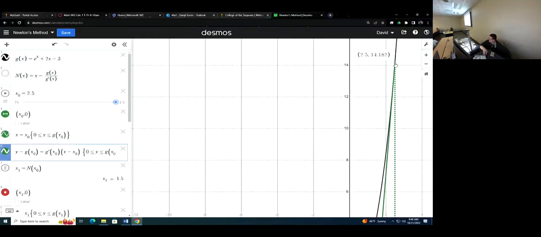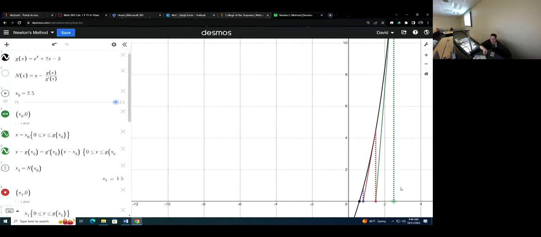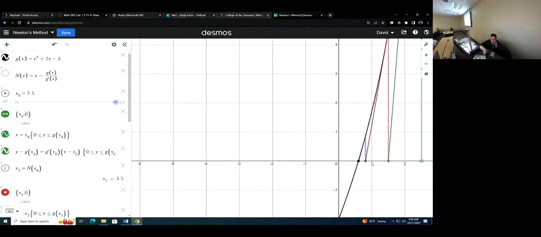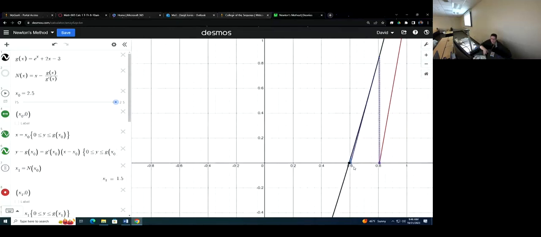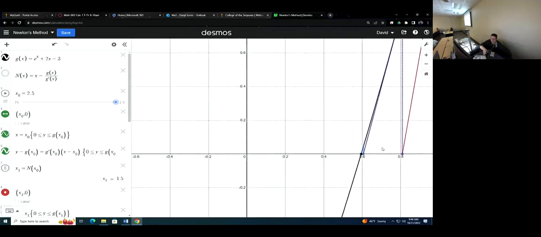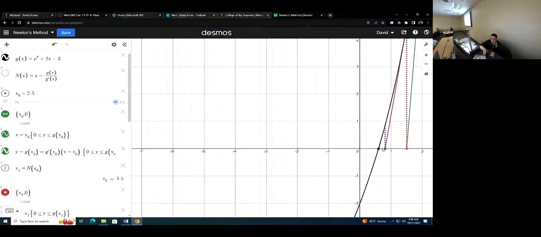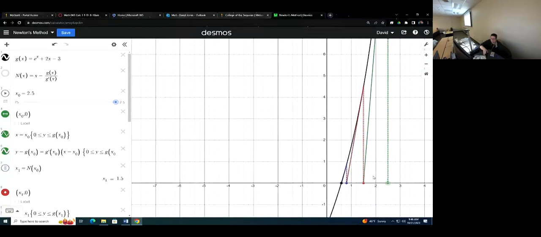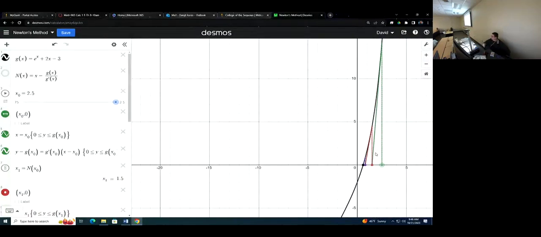That's not really close to 0, so 2.5 isn't a good starting value. And it shows because it takes more iterations to get down here and get close. But it will keep getting closer. It's kind of neat, right? It's a neat method.